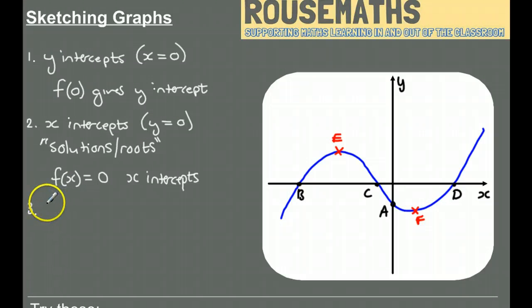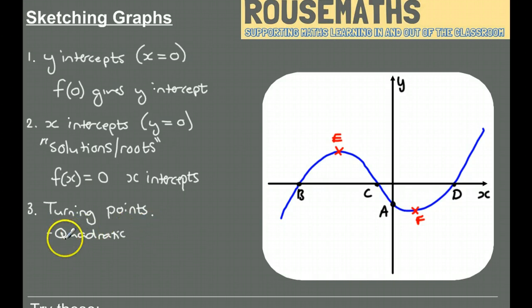So for turning points, you've got a couple of ways of doing it. If you've got a quadratic, then you might complete the square. And by completing the square you normally get something that looks a little bit like this. And this will give you the minimum, or the maximum in some cases, of the quadratic.